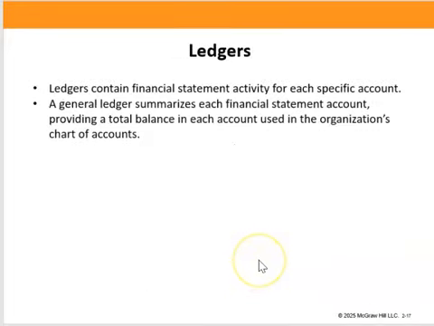So the ledgers, okay? Ledgers contain financial statement activity for each specific account. So of all those entries that we made, we now need to post those entries into each of the ledger accounts.